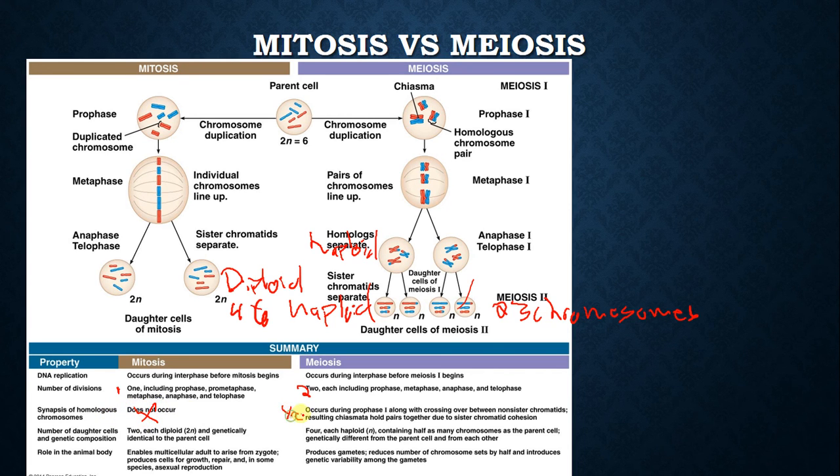It does occur in meiosis. 2 diploid daughter cells result from mitosis. 4 haploid daughter cells result from meiosis. Mitosis happens in all cells to grow, repair, replace. Meiosis only happens in gametes.